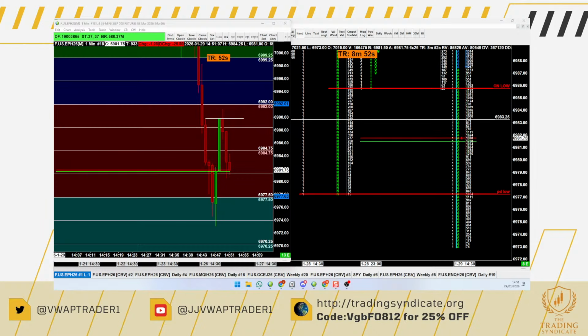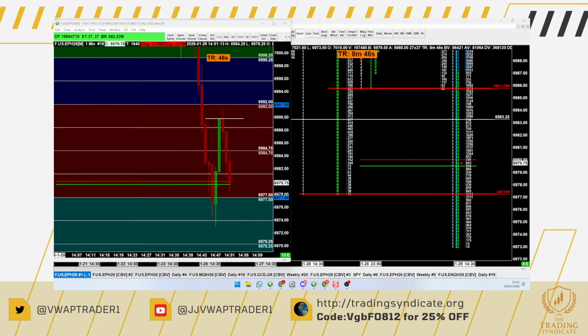Now, if we take out 80, look for 77 and a half. Hello. This is the rotation of inventory, my friends. That's all we're doing. There's 77.5 to the tick.